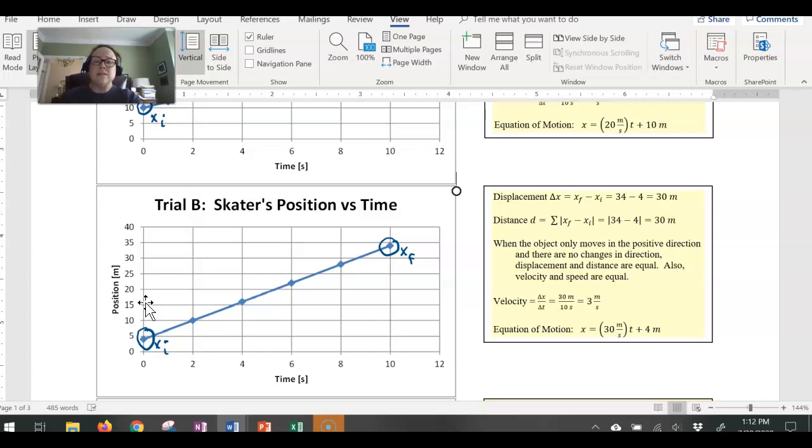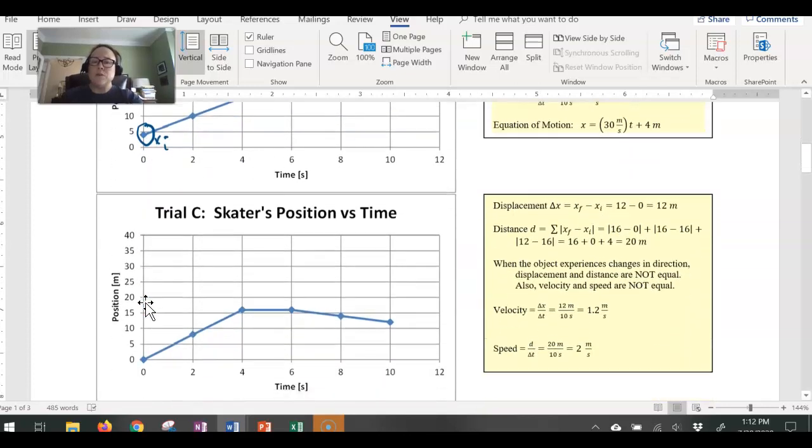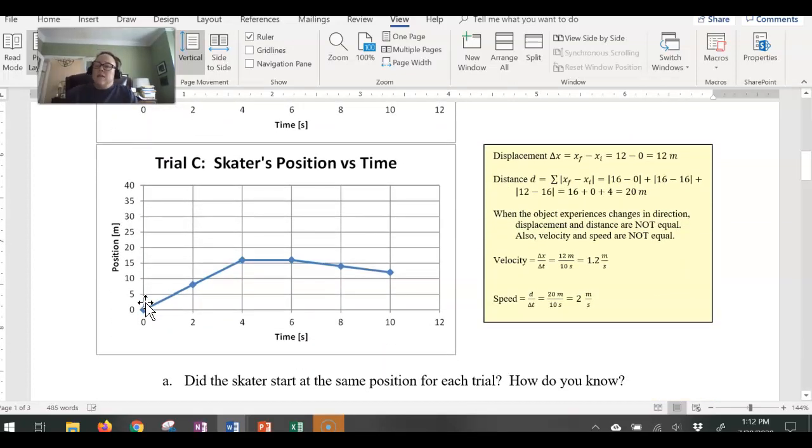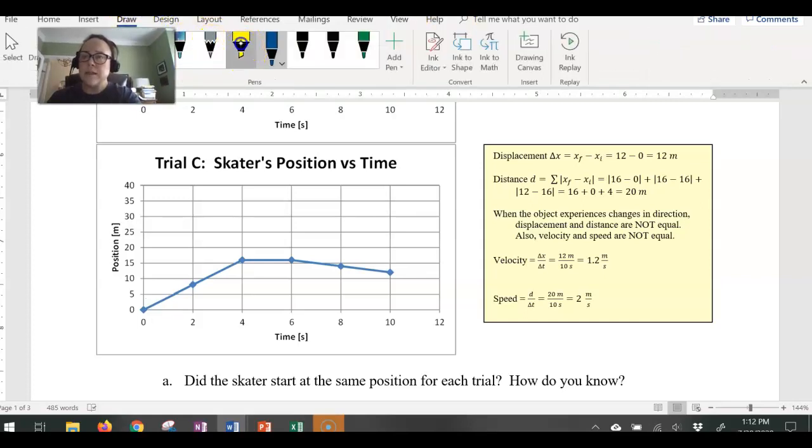Okay, and then let's look at the third trial. This one looks different. We have a position versus time graph that is not one line. We can see that there are really three parts to this trip. Let's see if I can get a different color pen. There's the first part where the skater was moving in the positive direction.